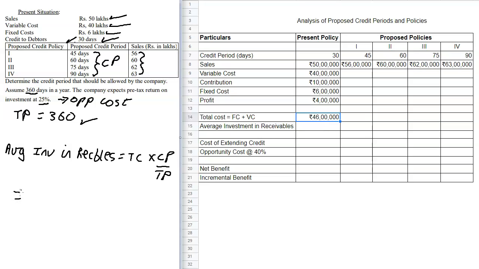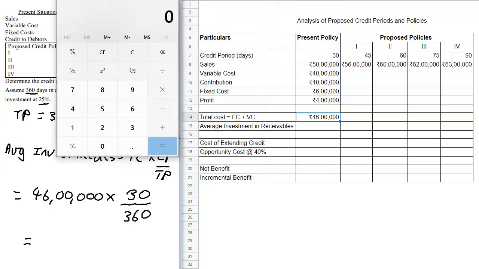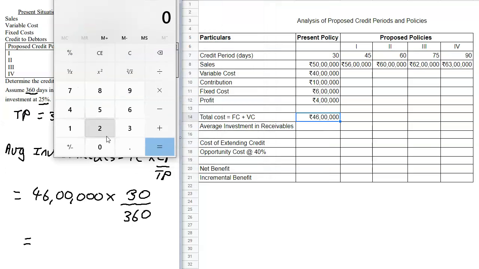So for the first one, you can directly do this on the calculator. I'm just doing this here for your understanding. We have 46 lakhs into 30 upon 360. And we will get some number which might very well be in decimals, so that doesn't matter, you don't have to worry. Write it up to 2 decimal places, even if you want to round up to the nearest rupee. Let's see what we get.